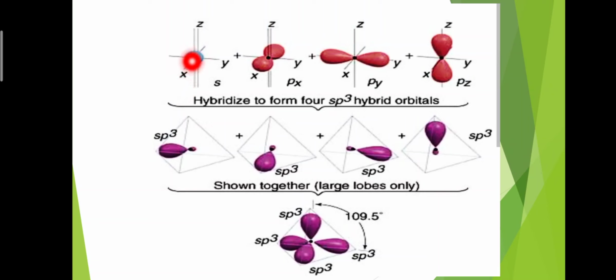It is the s orbital, px present on the x-axis, py orbital on the y-axis and pz orbital on the z-axis. They hybridize to form 4 sp3 hybrid orbitals.